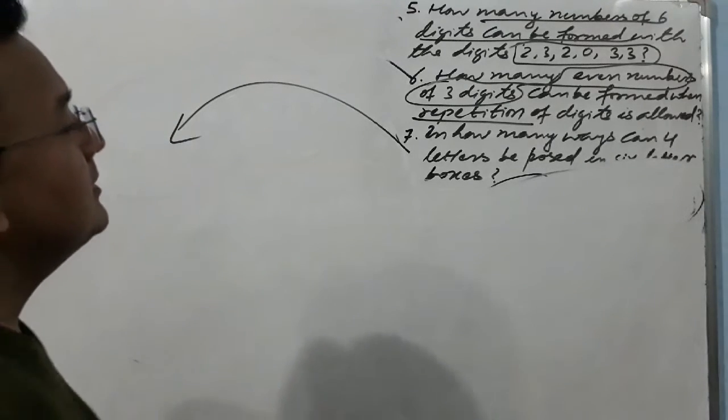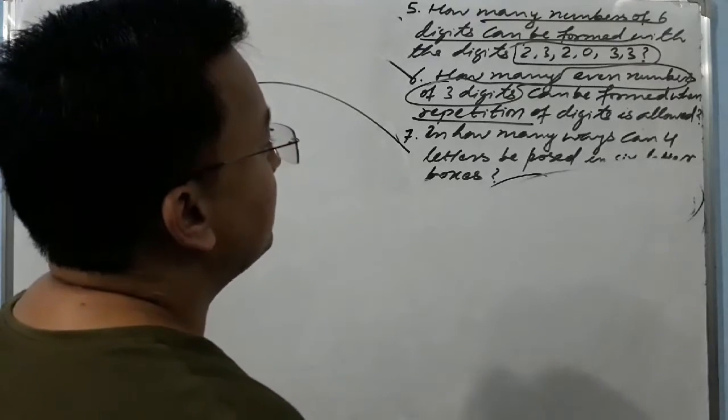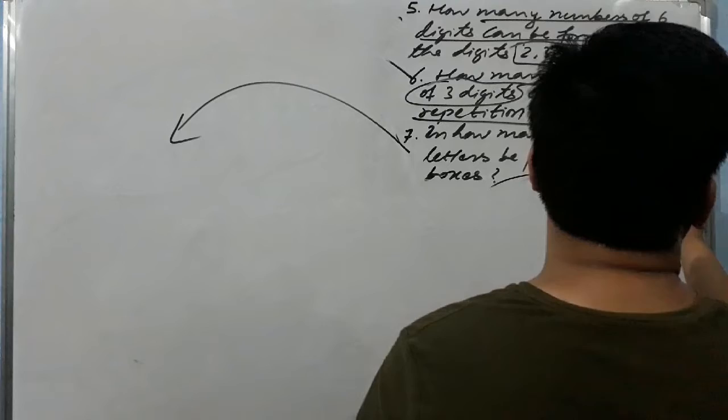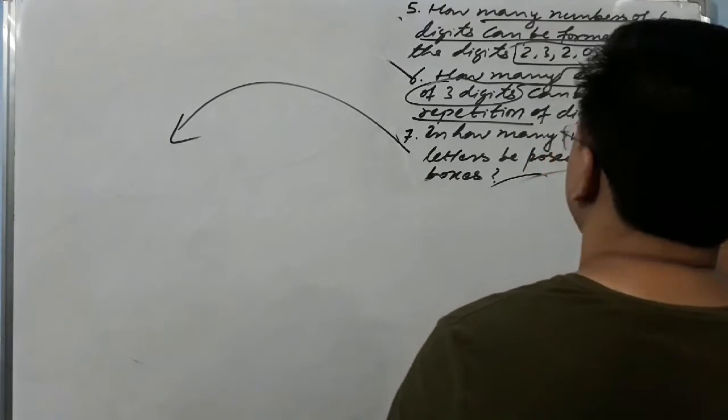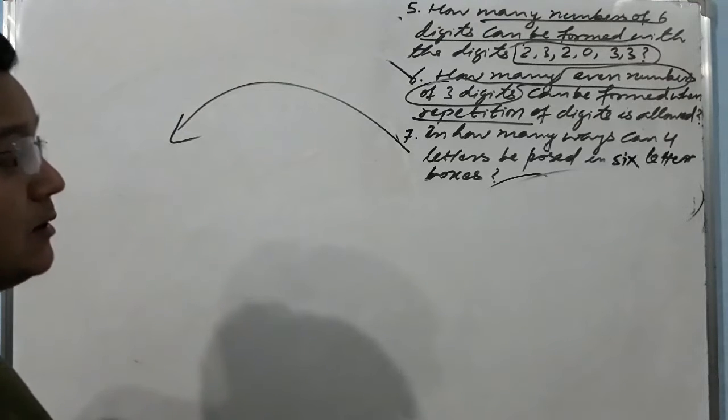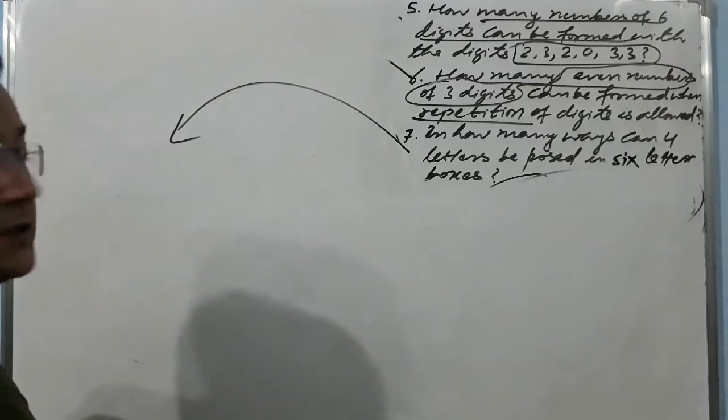I'm going to explain: in how many ways can four letters be posted in six letter boxes? Listen to me.